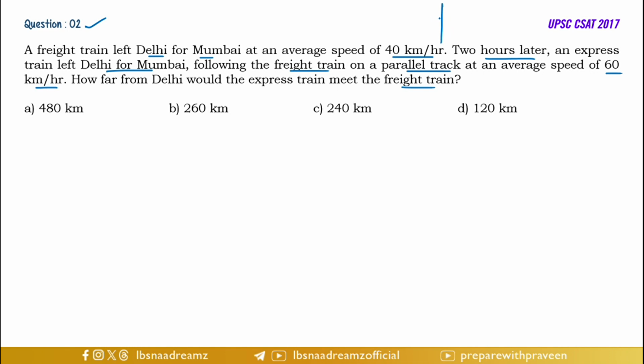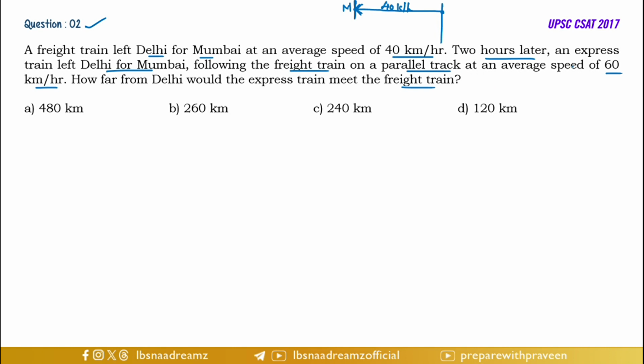Consider this as a starting point, that is Delhi. So from here, a freight train is moving towards Mumbai at the speed of 40 km per hour. So after 2 hours, consider it has reached here.